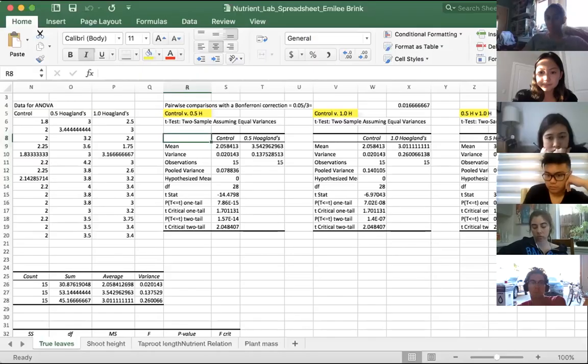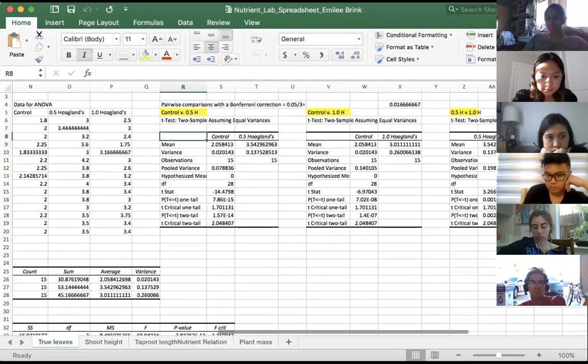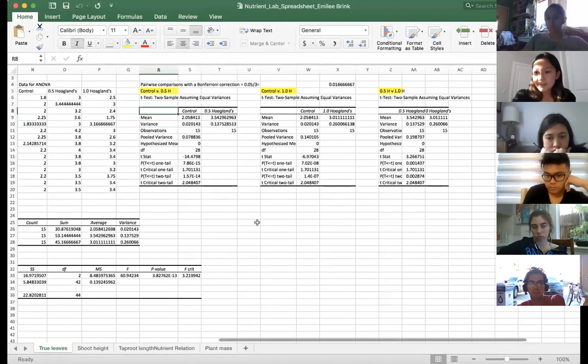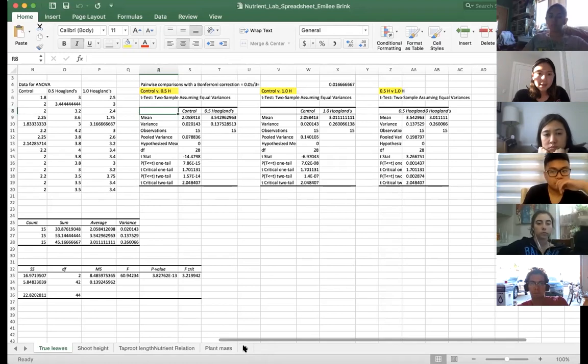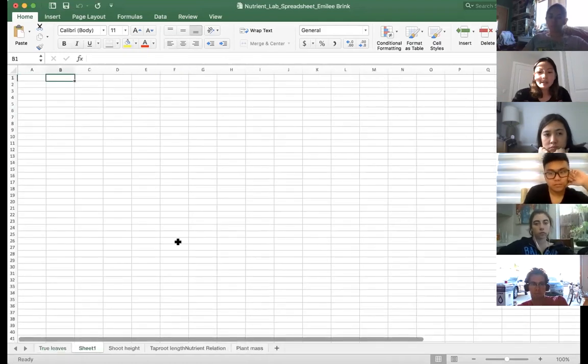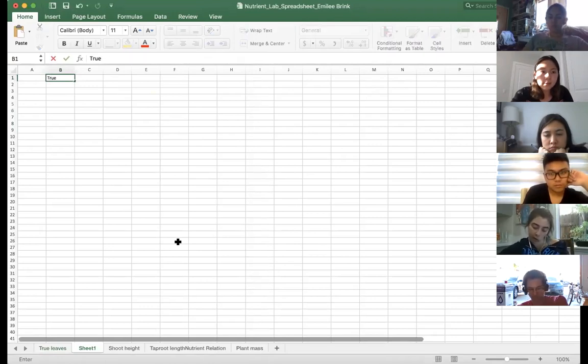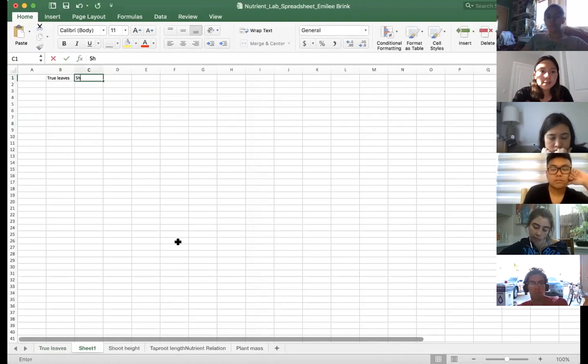So let me stop this share really quick and move on to the Excel. Okay, so can you guys see the Excel sheet? Okay, perfect. So I'm going to go ahead and make a new sheet. I'm going to label the top row right here with the measurements. So we have true leaves. Next column, I'm going to do shoot height, taproot length, and then last column is going to be plant mass.